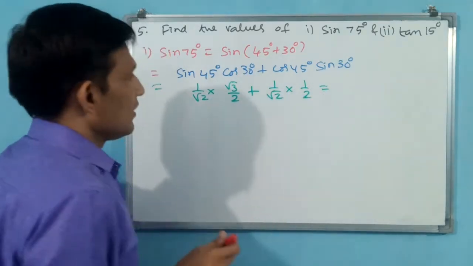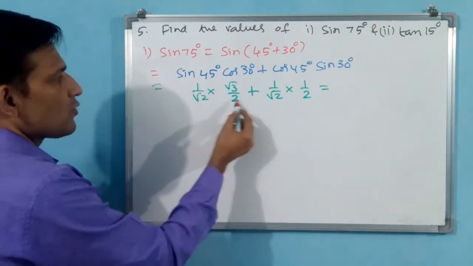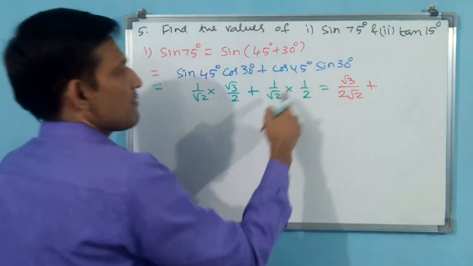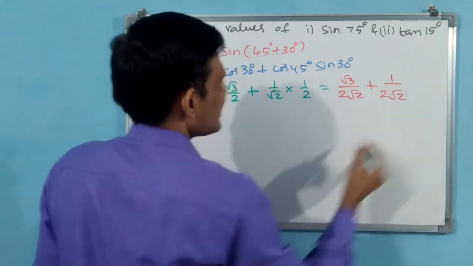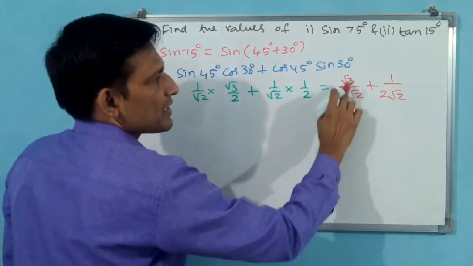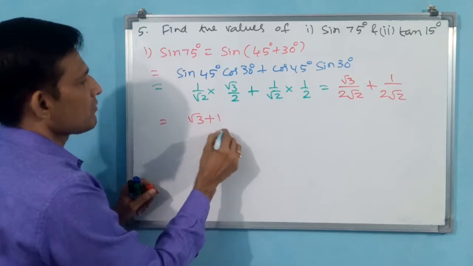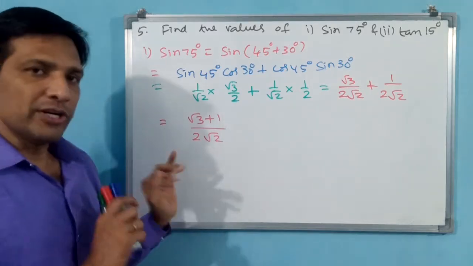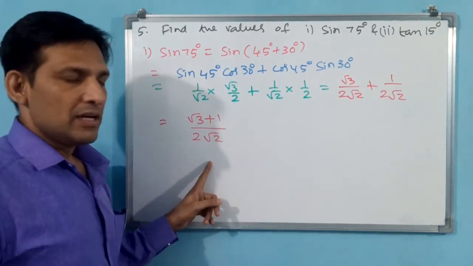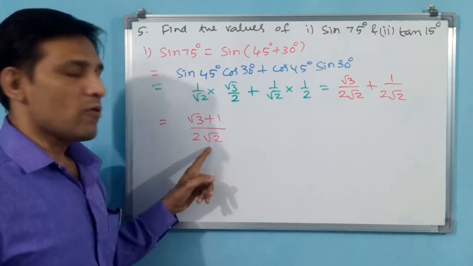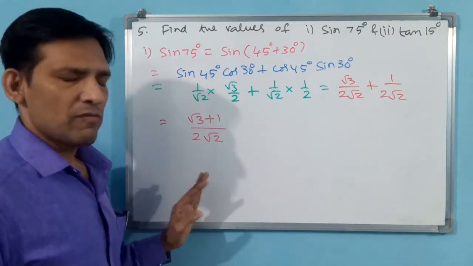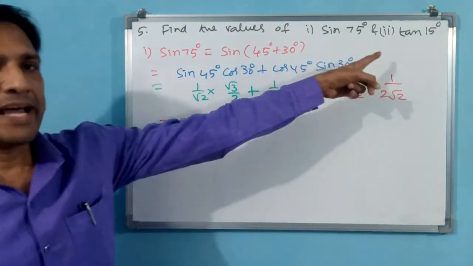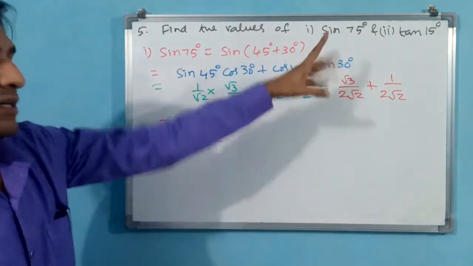Now if you observe, root 3 by 2 root 2 plus 1 by 2 root 2. Denominator same, that is why you can add: root 3 plus 1 by 2 root 2. Normally here you can leave the answer. In the answer book this is only there. If you want you can further write it for removing the root, but we don't do it now, because the answer is root 3 plus 1 by 2 root 2 only. We leave it here. We go for tan 15 degree. I am going to rub this and tan 15 we will do.